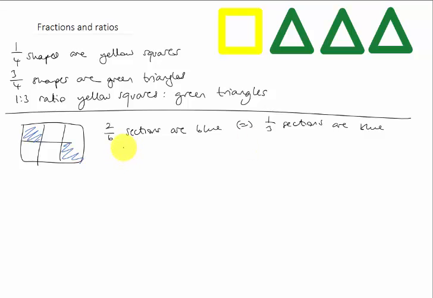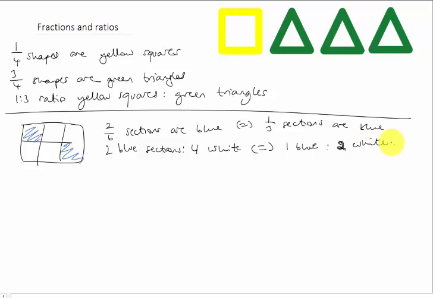And we could also say 2 blue sections to 4 white sections, or we could say 1 blue section to 2 white sections. So I think it's nice to simplify ratios wherever you can.